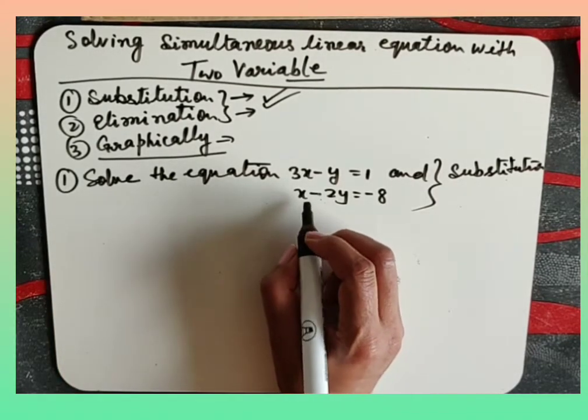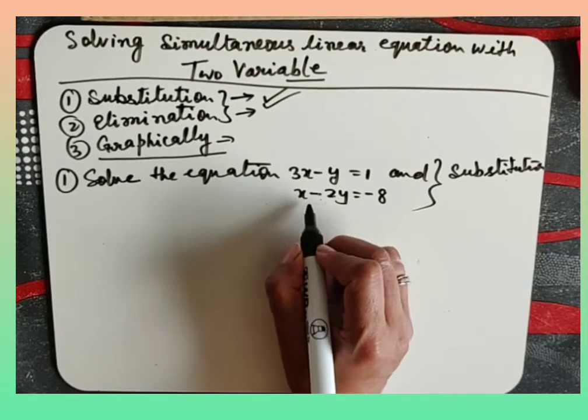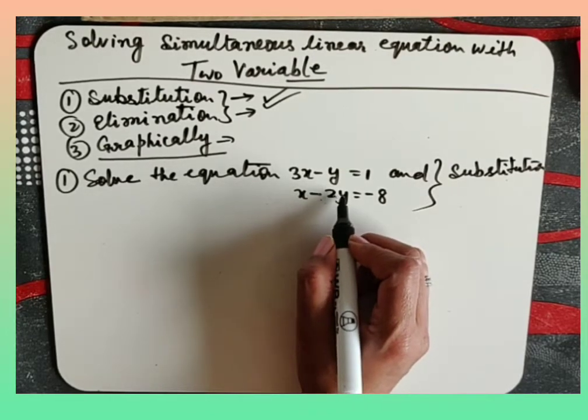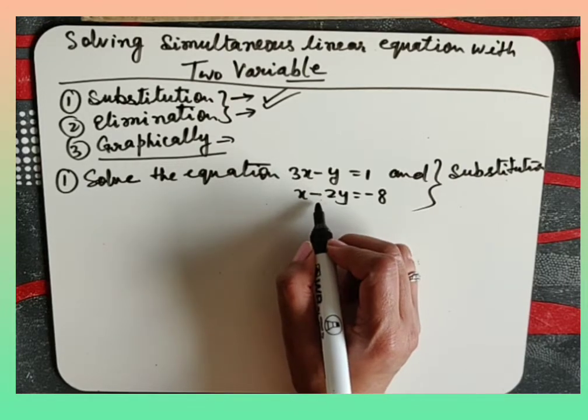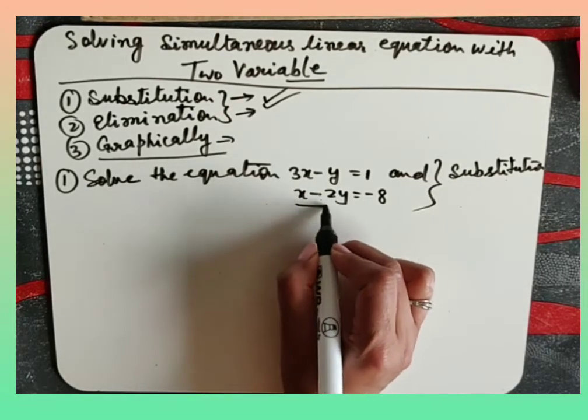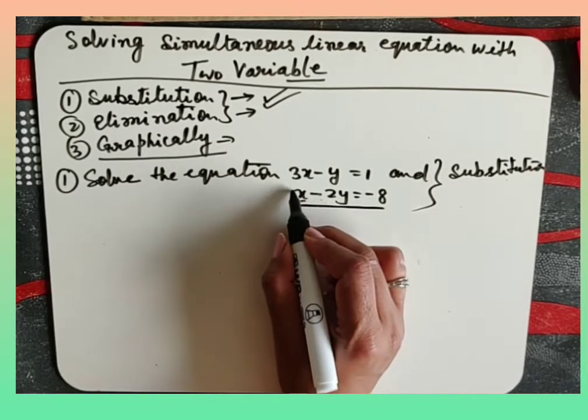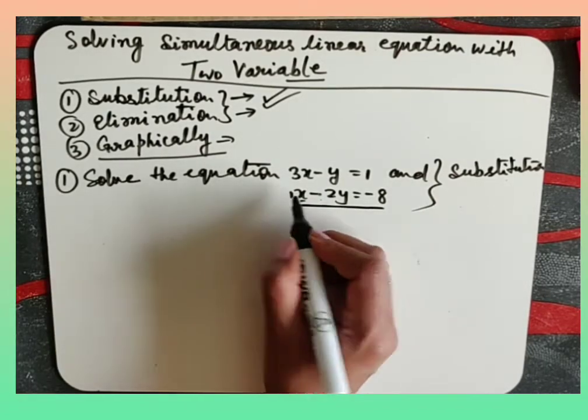We have to choose carefully what to substitute, either x or y. I can see in this equation we can easily find the x value, as the coefficient of x is nothing, only 1 is there.